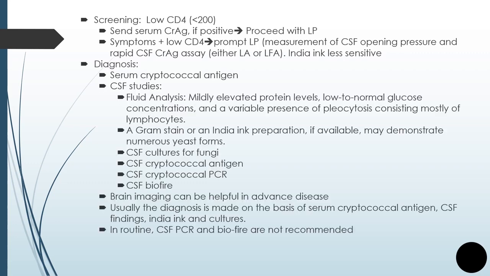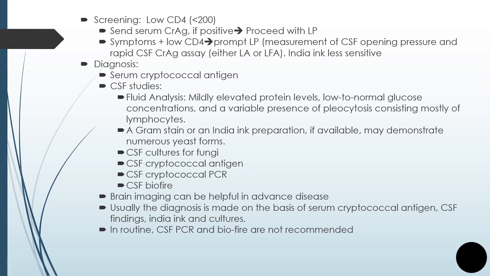sensitive in these conditions. Now, the diagnostic tests which are specific for cryptococcal diagnosis include serum cryptococcal antigen levels that should be more than 1:4 to be positive, and CSF studies can show mildly elevated protein levels, low to normal glucose concentrations, and variable presence of pleocytosis, which mostly consists of lymphocytes.